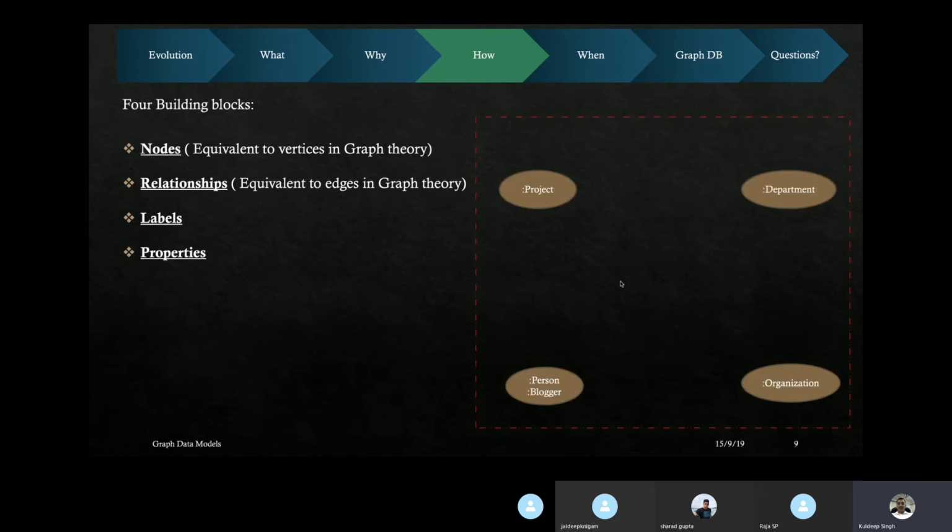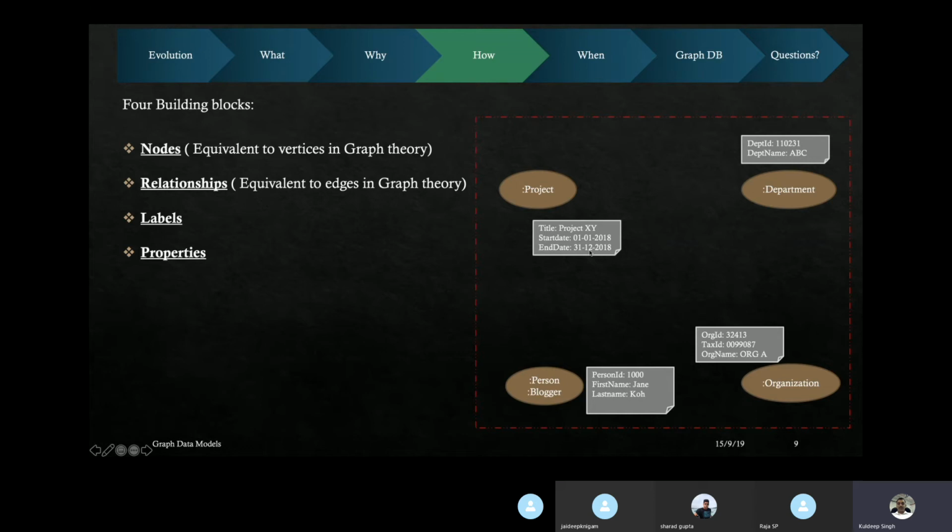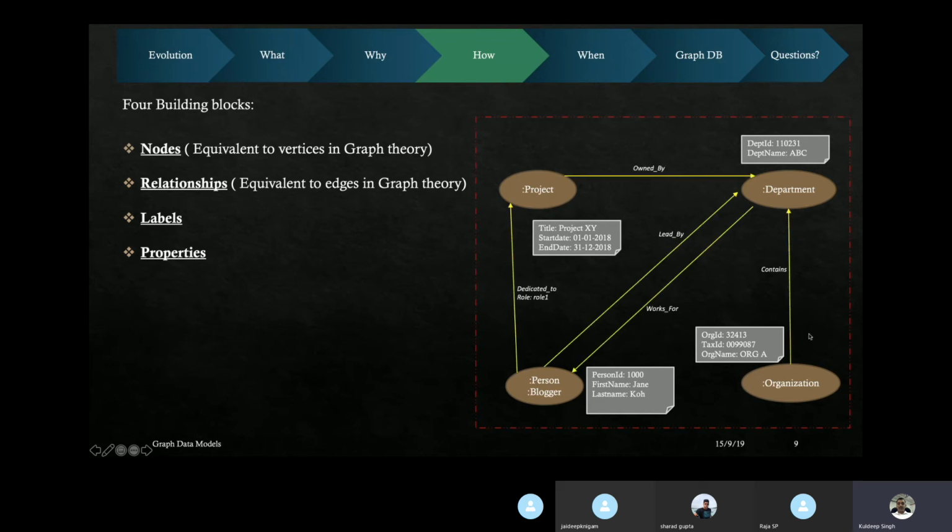With the same example, these four are the nodes, and these are the properties for each one of them, like title, start date, person ID, first name. These are the properties, and these are the instances of them as an example. And now these are the relationships which can exist between them.